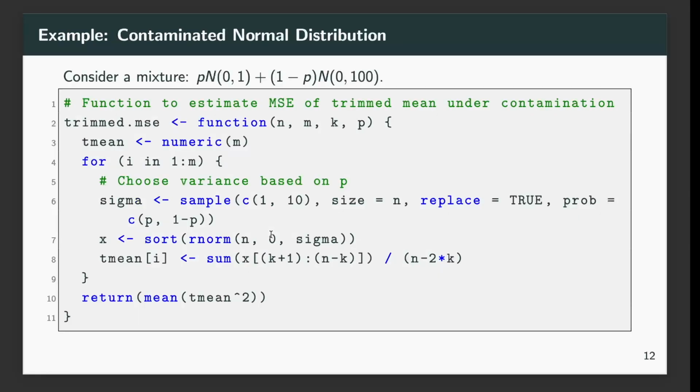Now, let us look at the comparison scenario. This is quite a complex comparison. We have the contaminated normal distribution: with some probability p we have the standard normal distribution, plus the rest of the sample from a normal distribution with a mean of 0, but the standard deviation is very high.